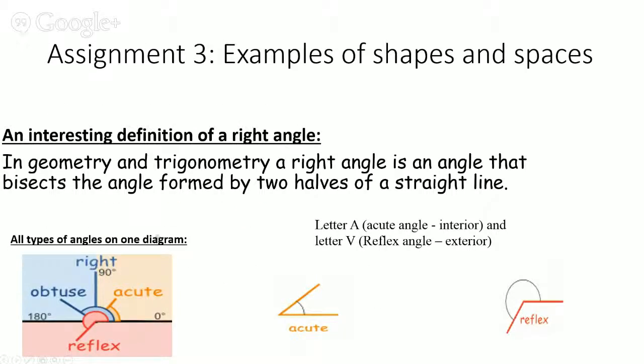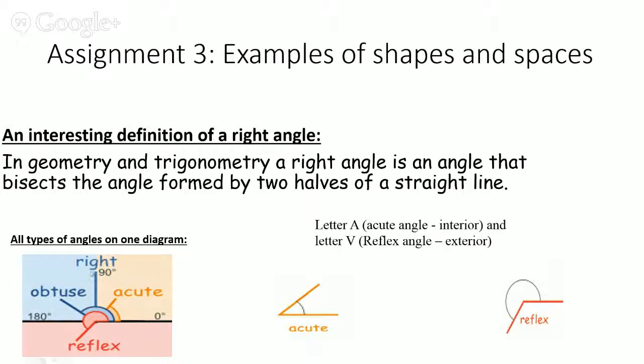Let's go to your assignment 3. Feedback on shapes and space. This first one was an interesting definition of a right angle: an angle that bisects a straight line angle, formed by 2 halves.